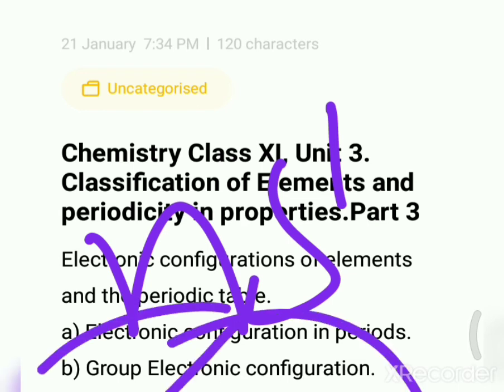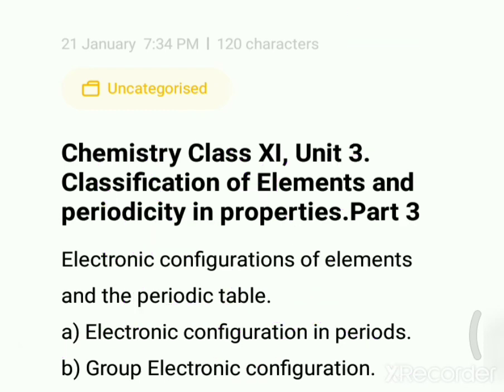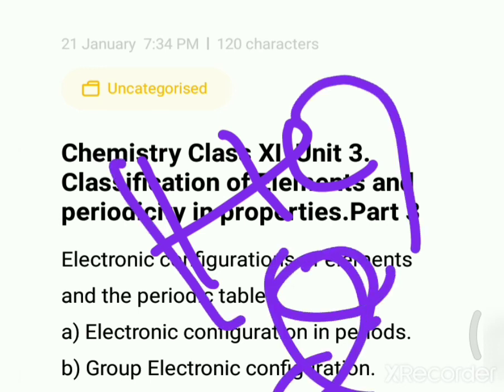Here atomic number 3 is the element lithium, symbol Li. The electronic configuration becomes 1s2 2s1. Or you can write it as helium bracket 2s1.